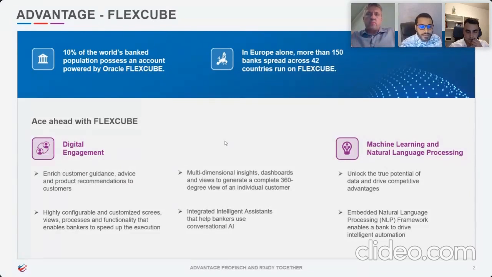Now, this is on the digital engagement side. The other part is the most recent capability, because FLEXCUBE has started evolving on its own. We have seen machine learning and NLP capabilities as well.